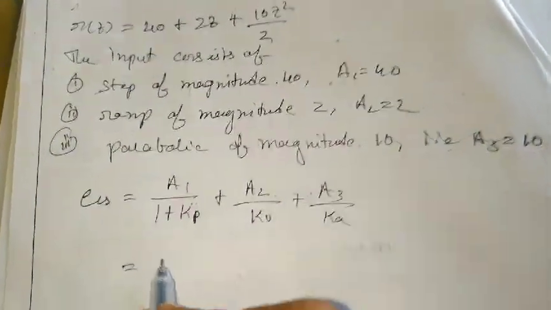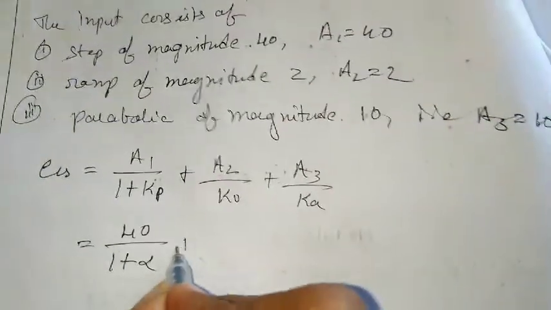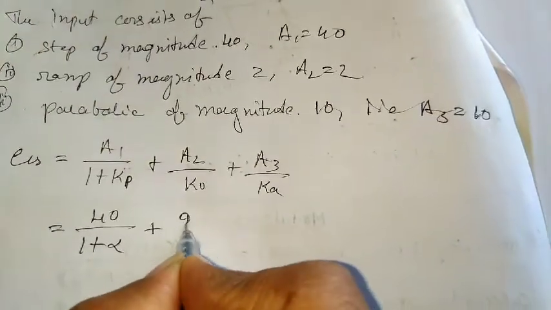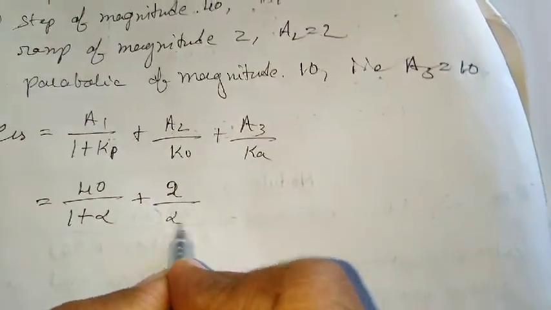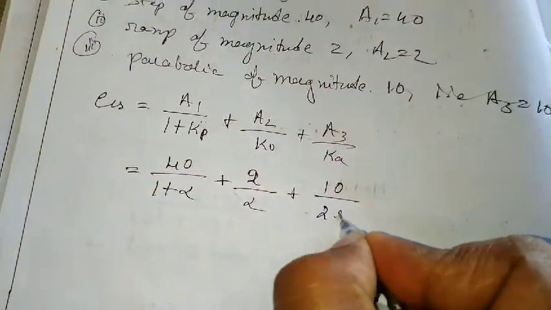So A1 is 40, 1 plus Kp, the value we got is infinity, so 1 plus infinity. Similarly, A2 is 2 divided by Kv, which we also got as infinity, plus A3 is 10 and the Ka value we got is 2.5.